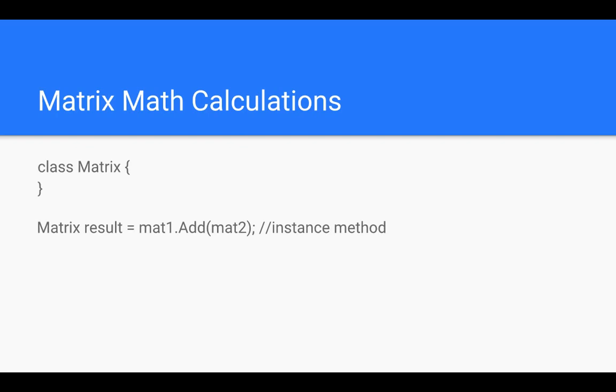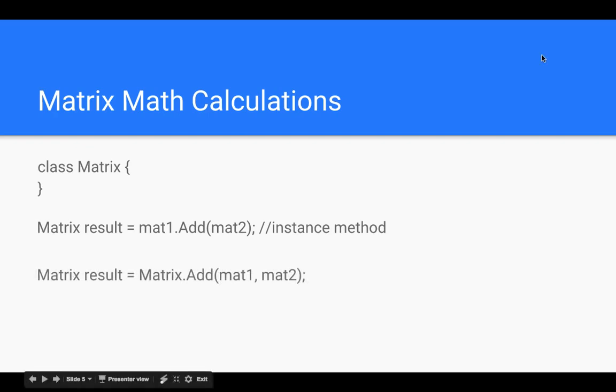So a matrix adding example would be something like this: mat1.add mat2. mat1 and mat2 are two matrix objects, and we have an instance method called add inside the matrix class.